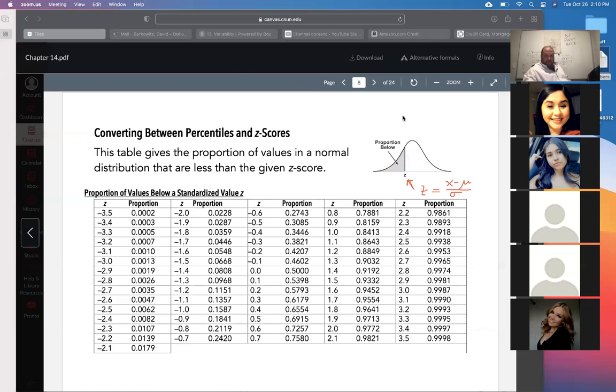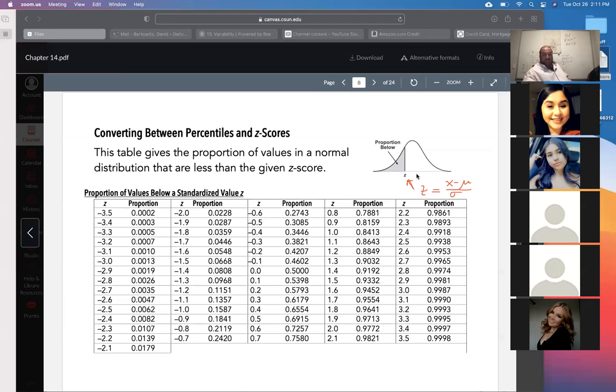So we would like a mathematical connection between your z-score and the proportion of data points to the left of it. And you have what are called z-tables. This is a z-table, and for different values of z, it gives you what proportion of the data points fall to the left.